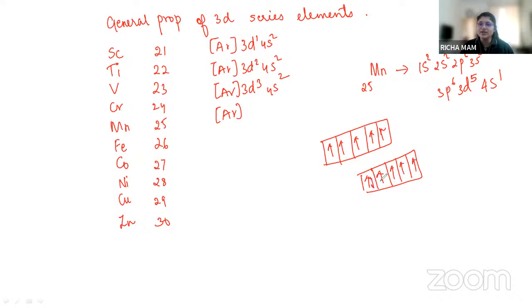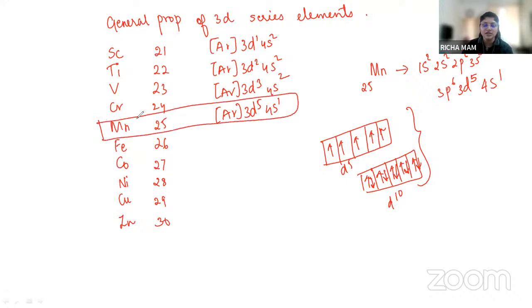They are said to be more stable as compared to other systems. So the electronic configuration here is 3d5 and 4s1. This can be a very important question. Remember: scandium, titanium, vanadium, chromium.